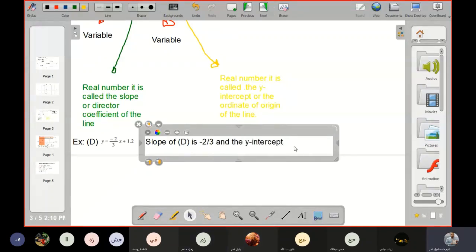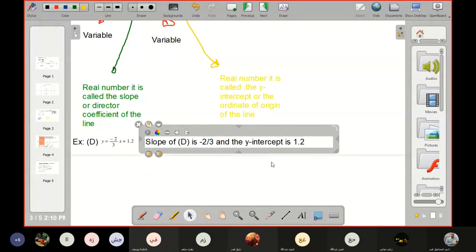And the y-intercept of this line is 1.2. Very good. You understood this? Yes. Okay.